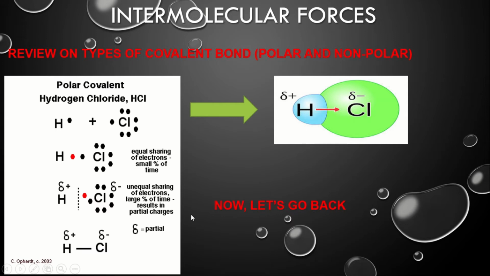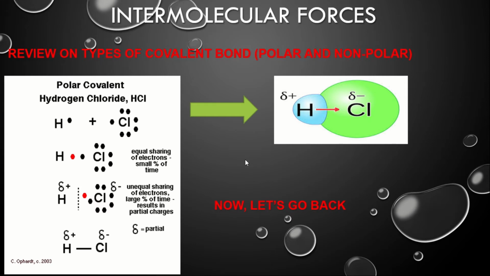Remember, hindi siya ionic bond na kailangan positive or negative. When we say covalent bonding at sinabi nating polar covalent bonding, partial lang ang pwede magkaroon na charges between the elements. And because of that, chlorine will have a partial negative charge and hydrogen will have a partial positive charge, as illustrated by this picture.